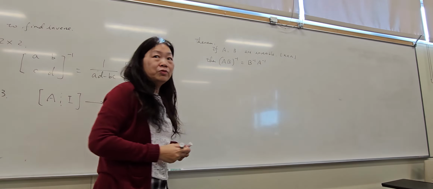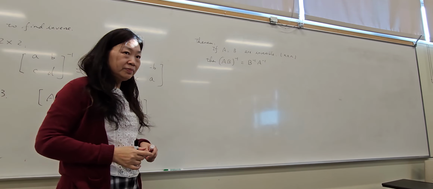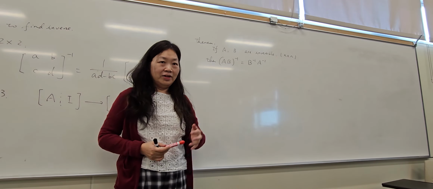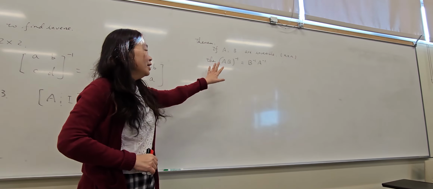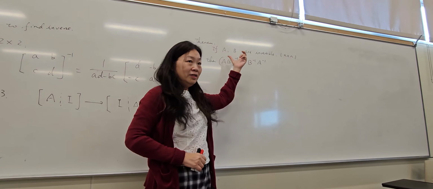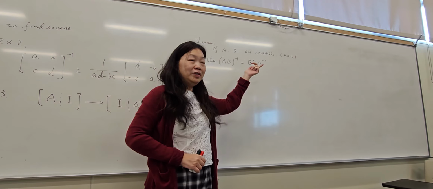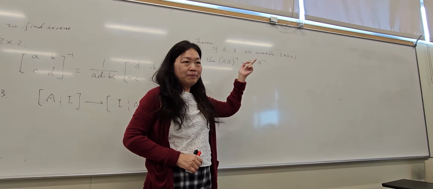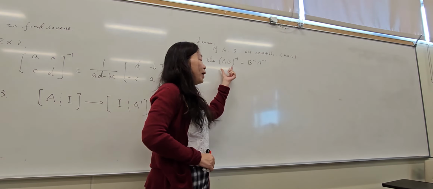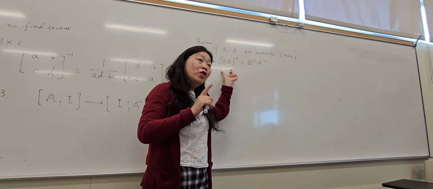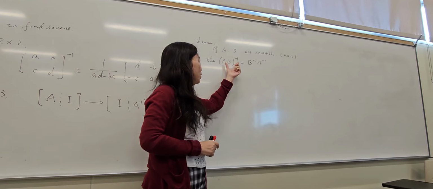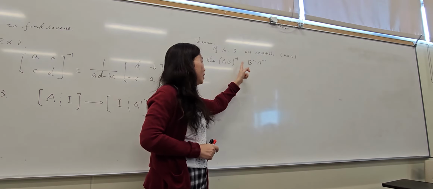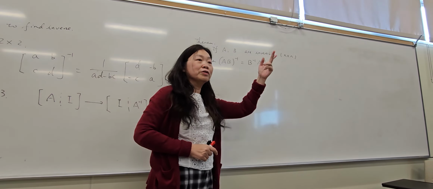That's what they want to prove. You guys ready? So I'm going to repeat that. If you have two invertible matrices, meaning they're square matrices, their product is also invertible. Not just that, when you take the inverse of their product, it equals B inverse, A inverse. They reverse.